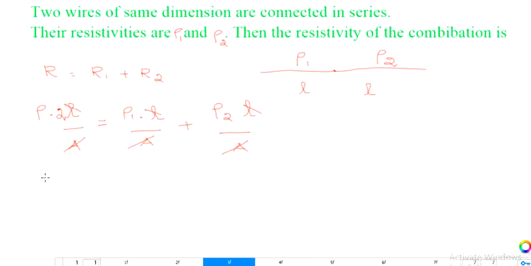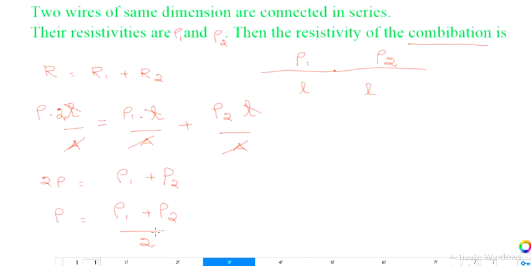Therefore, you have 2 rho equals rho 1 plus rho 2, or rho equals rho 1 plus rho 2 divided by 2. That means the resistivity of the combination is obtained by adding both and dividing by 2, or simply the average of these two.